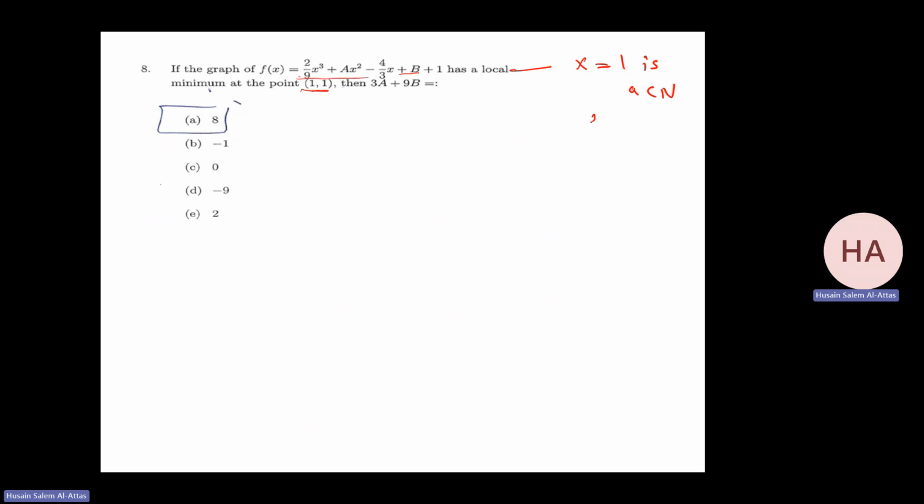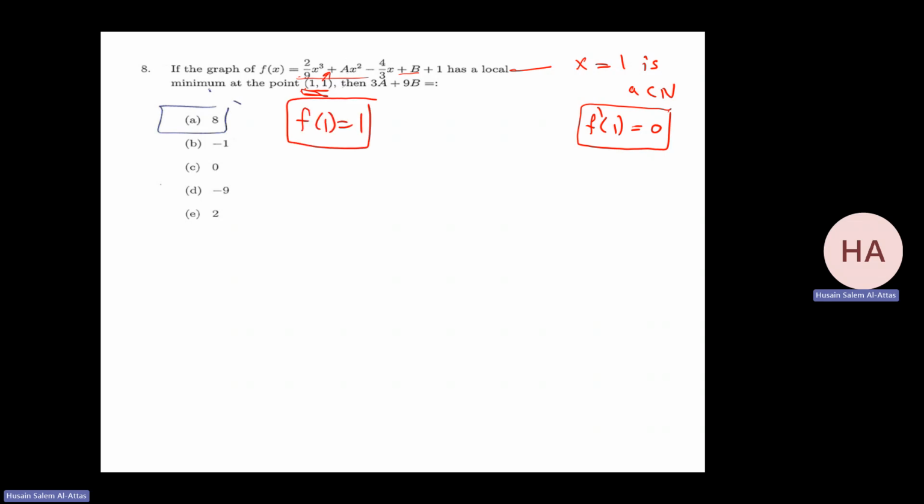So for sure it means f prime at 1 equals 0, because if the function is a polynomial, the derivative will exist. So I have only one equation, but I have two variables. This point is a point on the curve. The local minimum should be a point on the curve. So it means f of 1 equal 1.